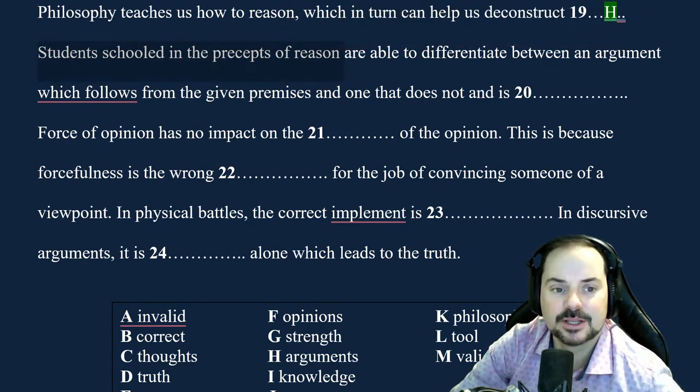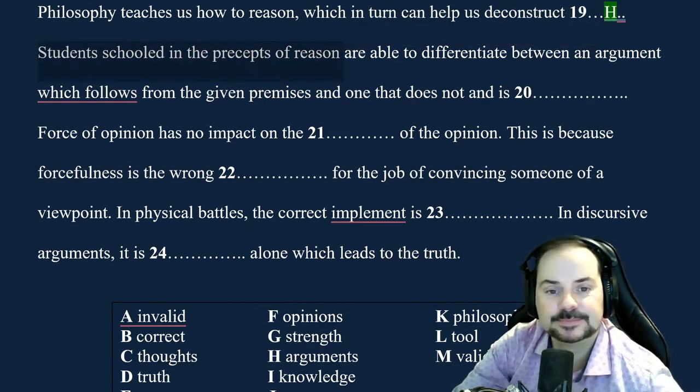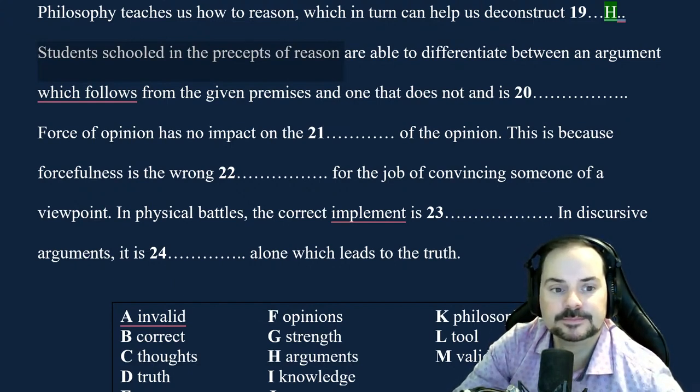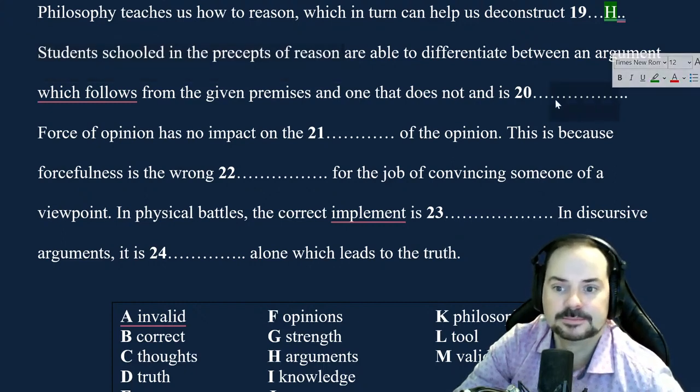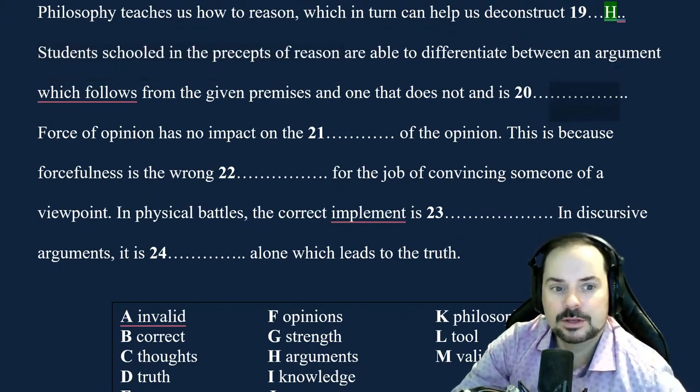That's where we're continuing from. Students schooled in the precepts of reason are able to differentiate between an argument which follows from the given premises and one that does not and is... Something there. Okay. What do you think that is?